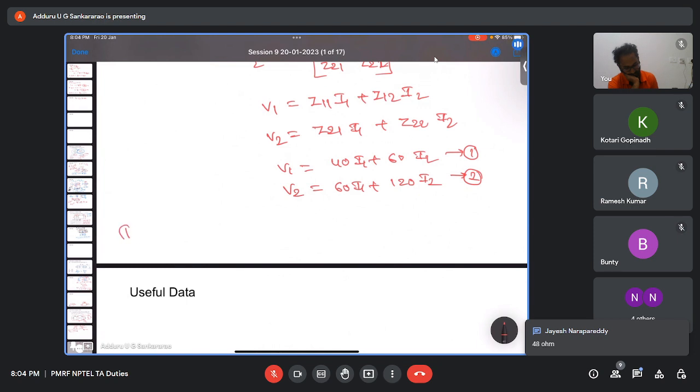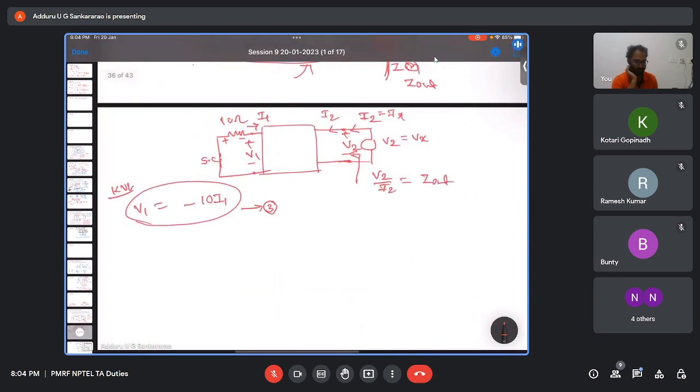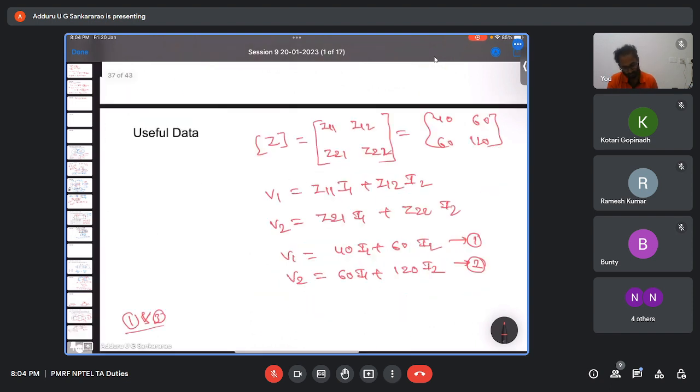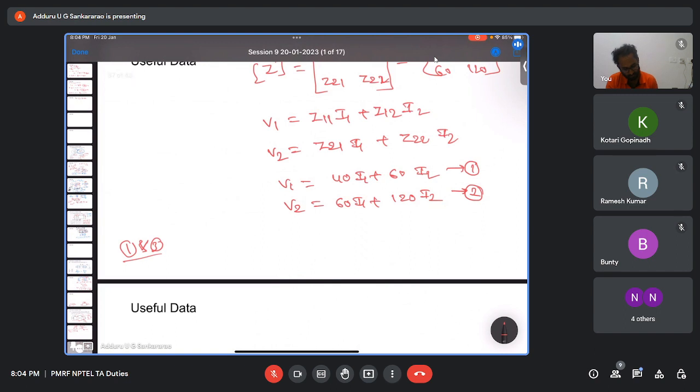You understood how I got this third equation, right? At the input side, the current entering is I1 and this is V1. I'm just short circuiting it, so the voltage here is 10 into I1. So V1 is minus 10 into I1.